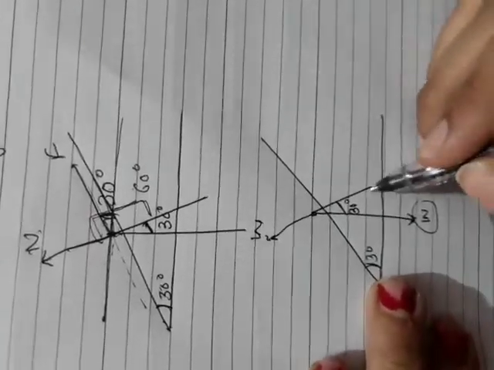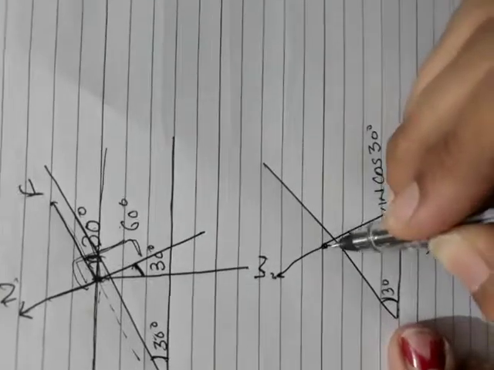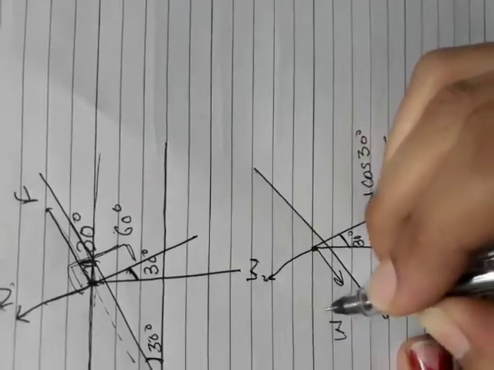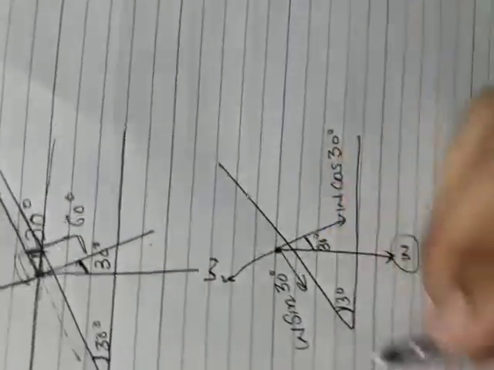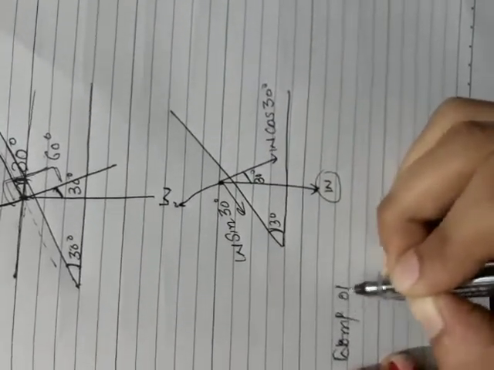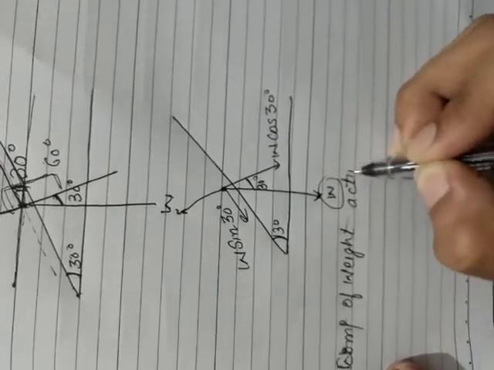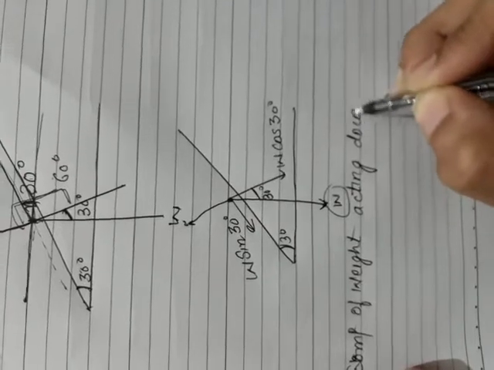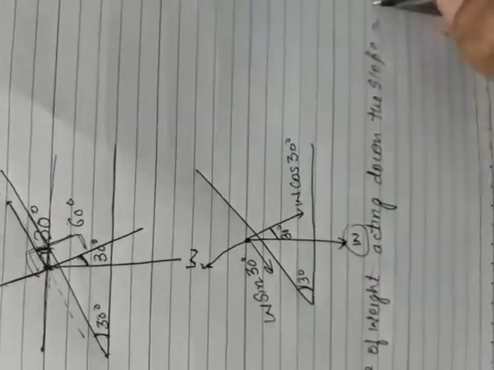So this is W cos 30, and this is W sin 30. So the component of weight acting down the slope is equal to W sin 30.